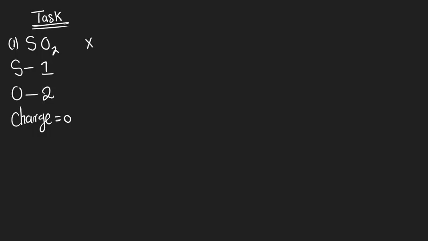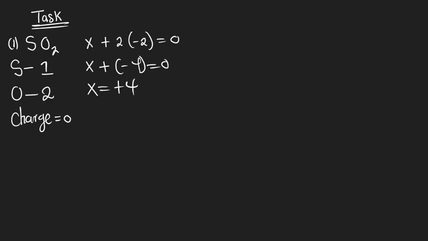So this is going to be x plus 2 atoms times negative 2, equal to 0. So x plus negative 4 equal to 0. So of course x is going to equal plus 4. Who found plus 4?